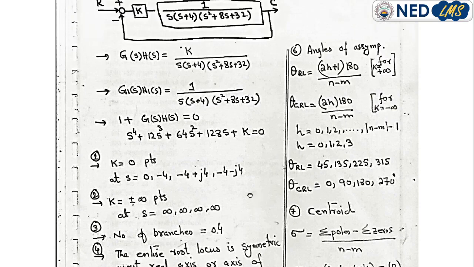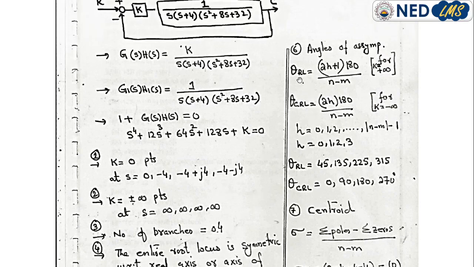This can be found by using the formula theta RL for K positive infinity points, and similarly for the case of CRL, and here we have to apply the value of h. The last value of h should be n minus m minus 1, therefore 4 minus 0 minus 1 is 3. Therefore we have to apply in this formula h = 0, 1, 2, 3.